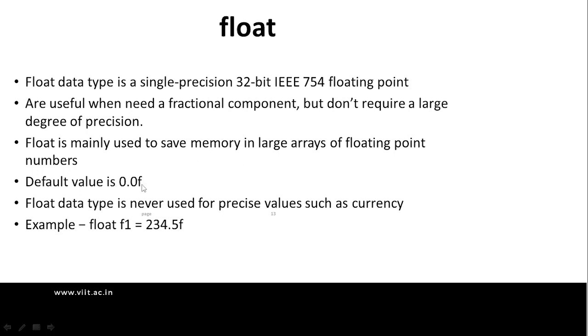To indicate a particular number is a floating point, you need to write f at the end, like the default value 0.0f. The f is mandatory to indicate the primitive data type is float. The float data type is never used for precise values such as currency. For example, float f1 equal to 2.3323.45f.